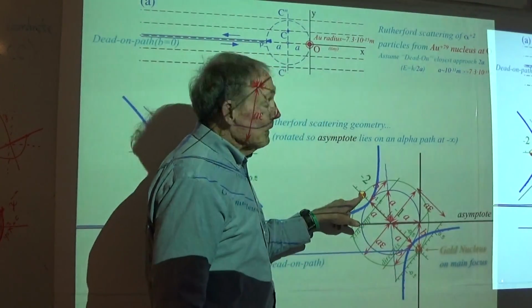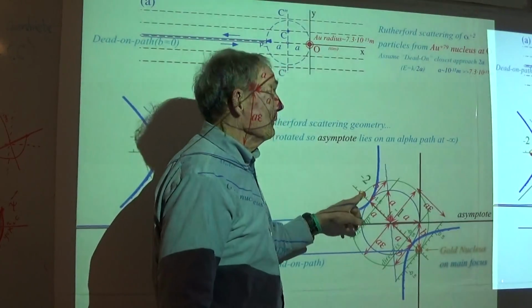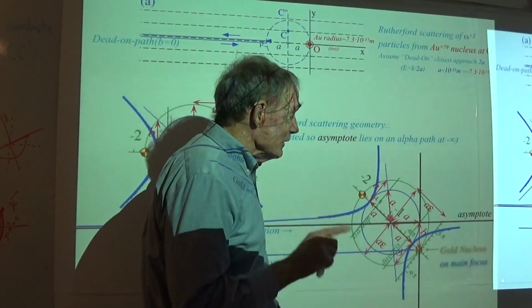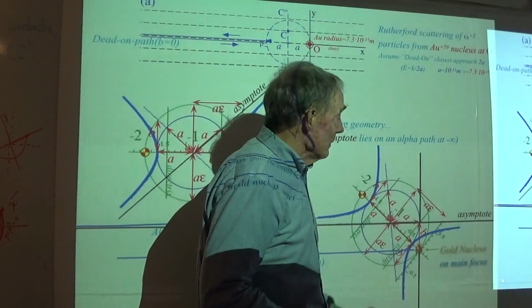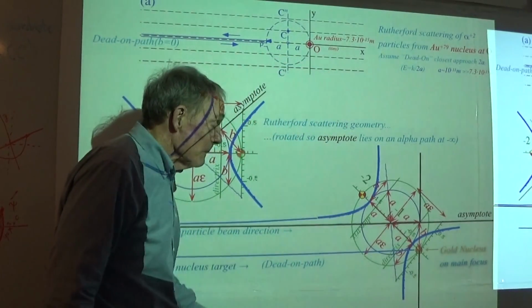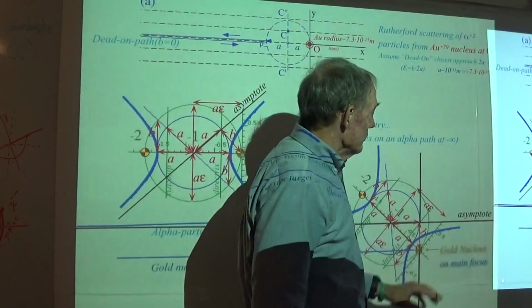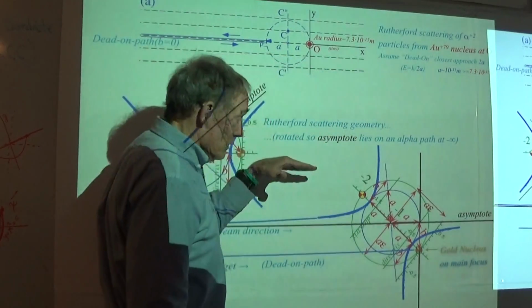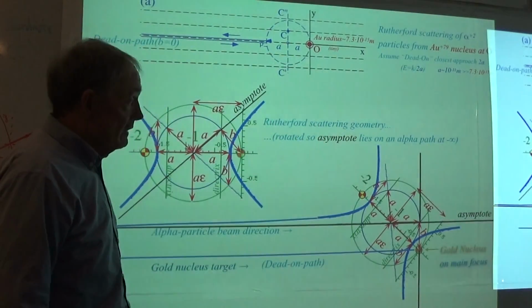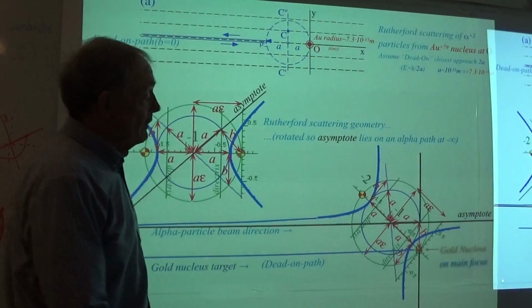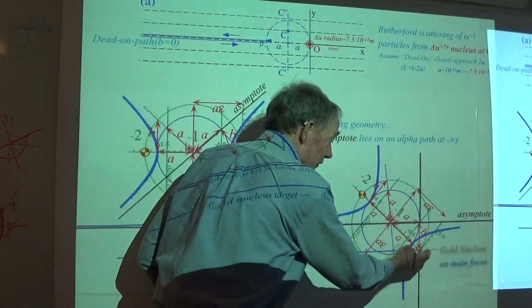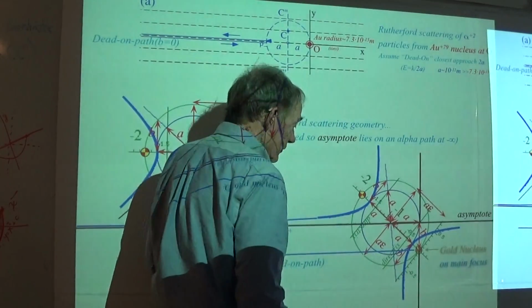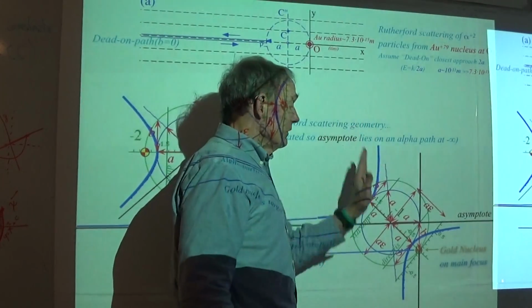This is an empty focus. There's nothing there, but the mathematical significance of this is just as important as that one. So the main focus has a gold nucleus sitting, and then alphas are coming in horizontally and experiencing the Coulomb field of this object and deviating away from it.